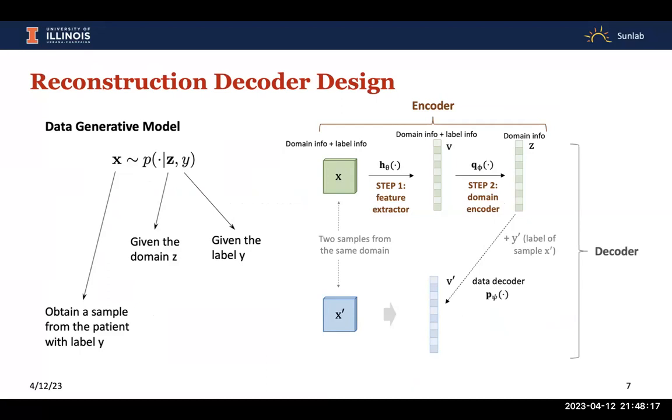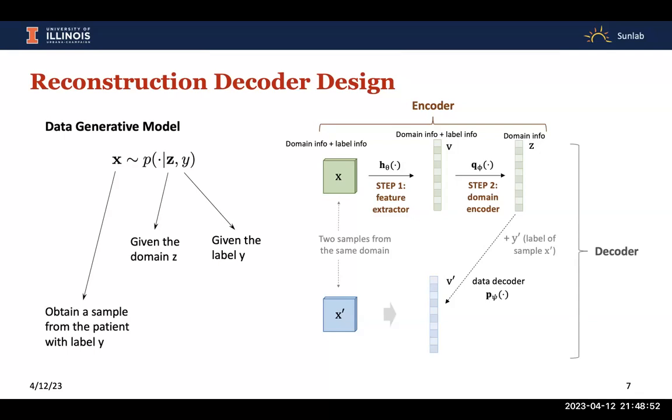The formula is X sampled from P given Z and Y. Z is basically the domain, Y is basically the label, and that data generation model tells us, give me Z, give me Y, I can parameterize this probability distribution with a neural network to generate a sample from the patient data with label Y.